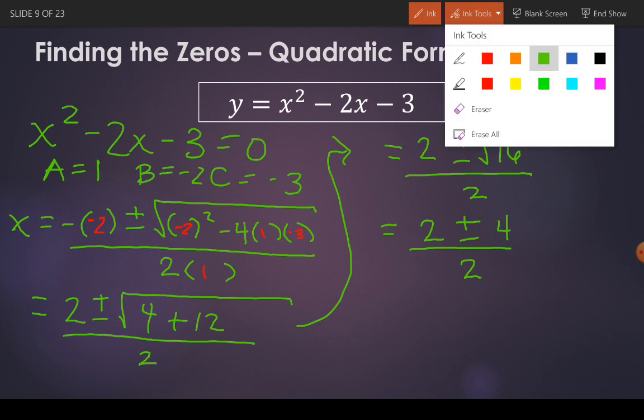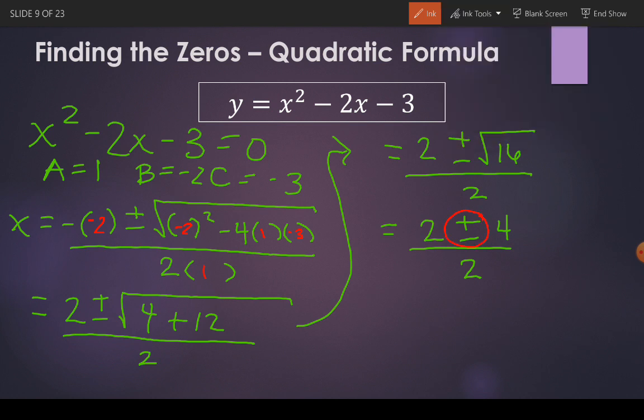And remember that the plus or minus sign tells us that we have to separate this into two separate equations. So we'll have 2 plus 4 divided by 2. And we'll have 2 minus 4 divided by 2.